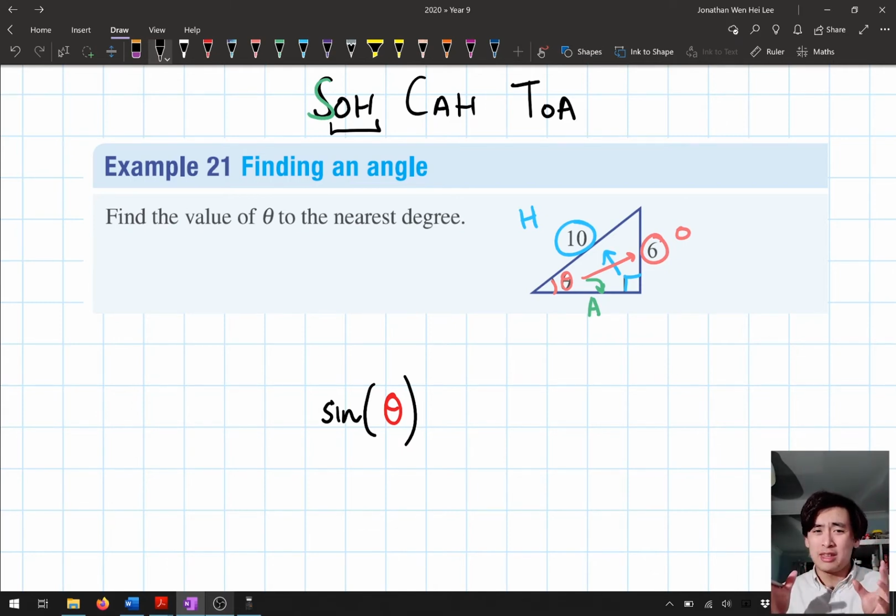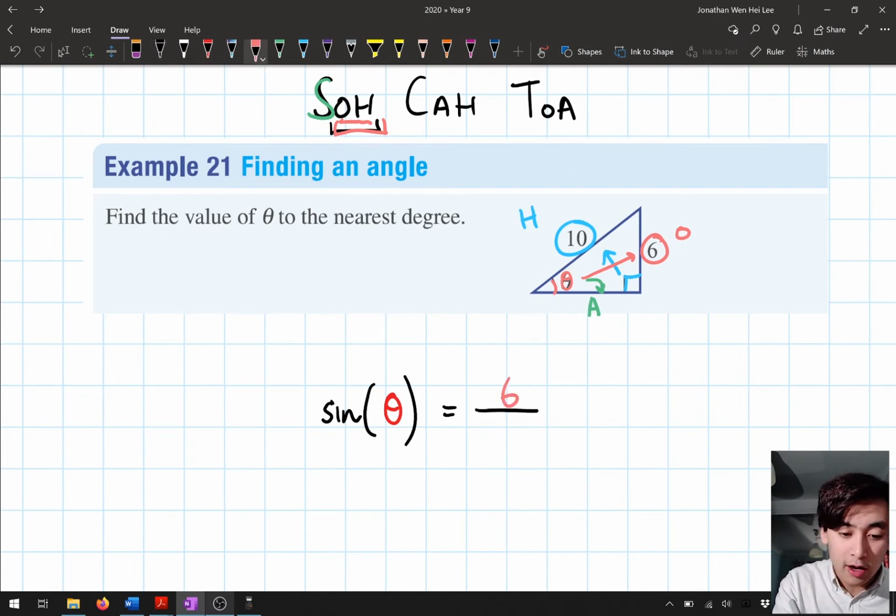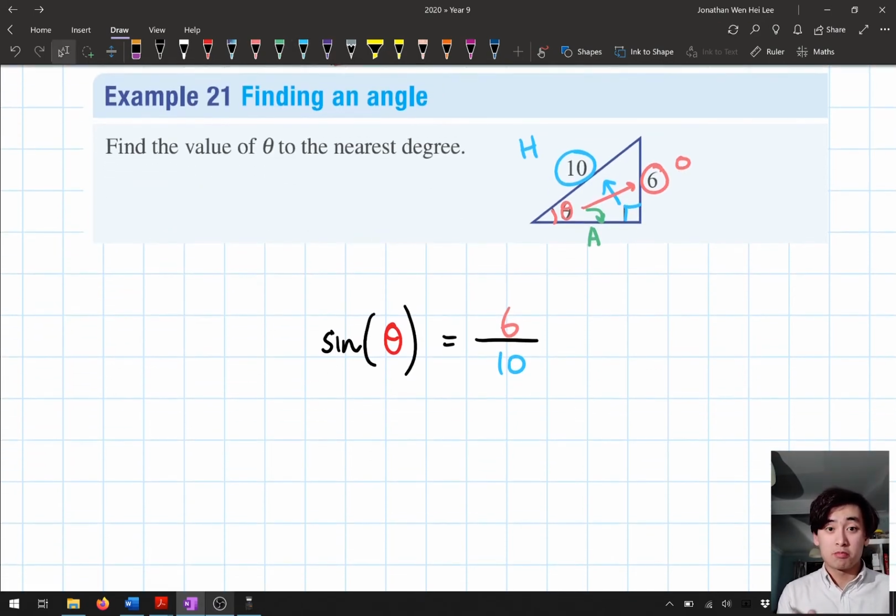This time we don't know the angle, so we write theta to represent our missing angle. Sine theta is going to be equal to what? Sine is O over H, opposite over hypotenuse. So that is equal to O, which is 6, over H, which is 10. Okay, 6 over 10.